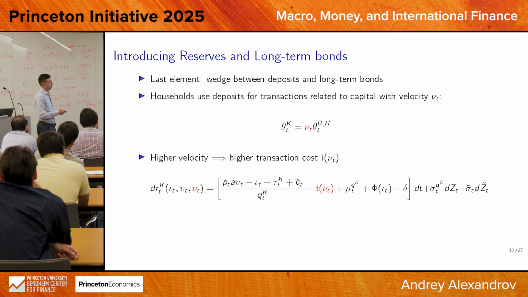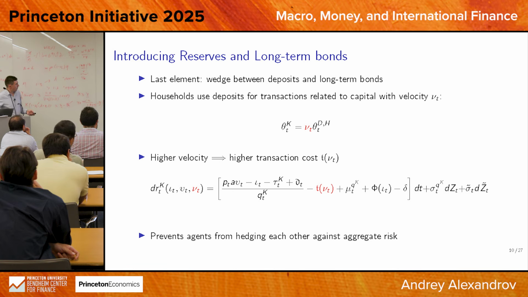And then we basically get an additional constraint for the households. But it's a soft constraint in the sense that nu t is a choice variable, so it just comes at a cost. As I said, this prevents agents from perfectly hedging each other against aggregate risk, and that is going to be our soft market segmentation, if you want to think about it.